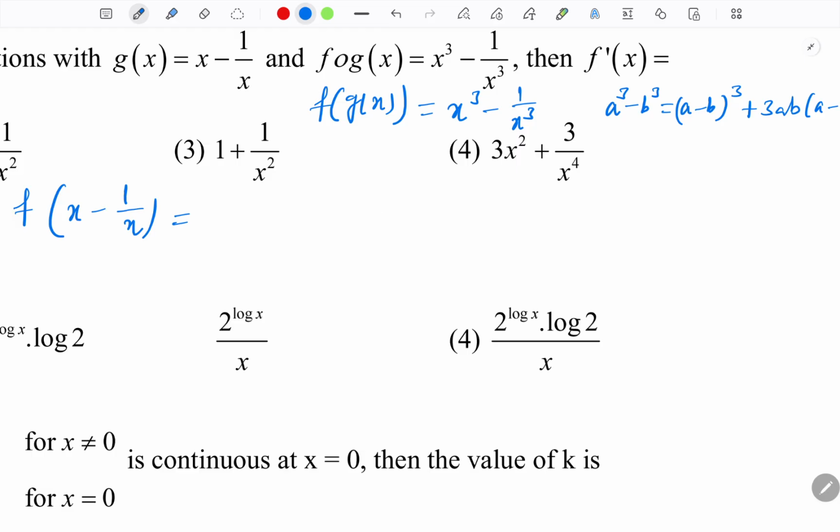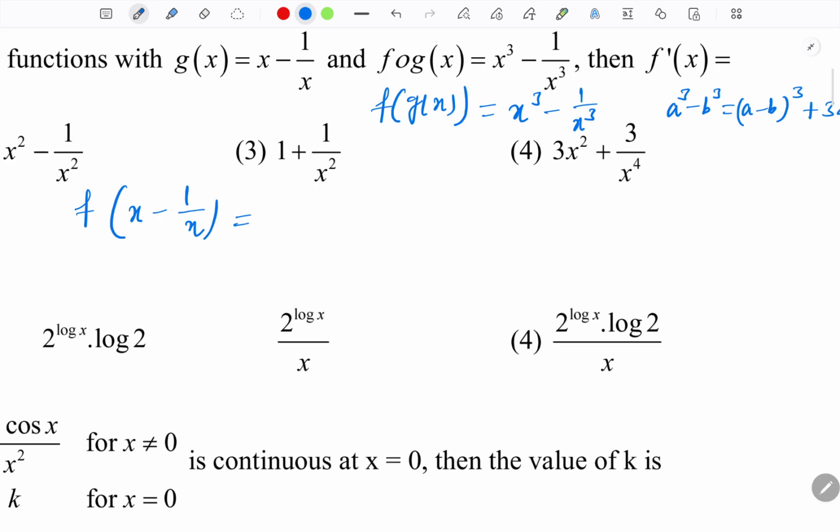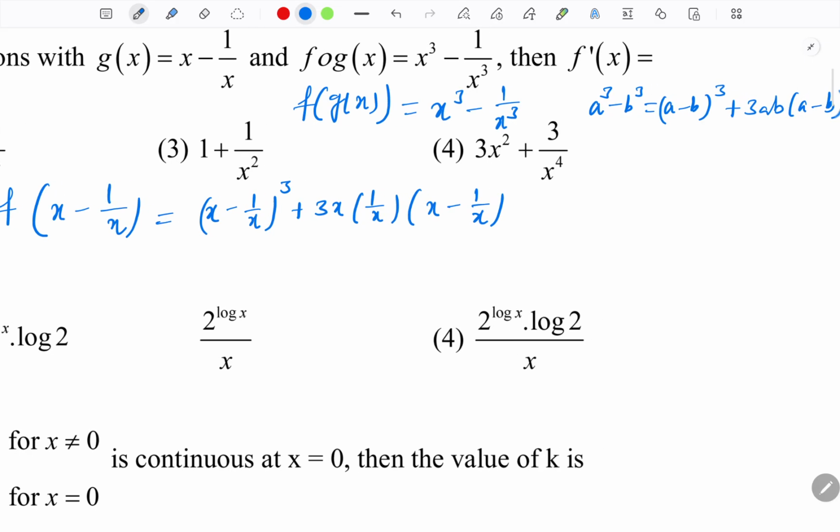Now this one, x cube minus, so I'm writing directly, applying a cube minus b cube. So what is a minus b whole cube here? x minus 1 by x whole cube plus 3ab, where b is 1 by x, into a minus b, which means x minus 1 by x, right?